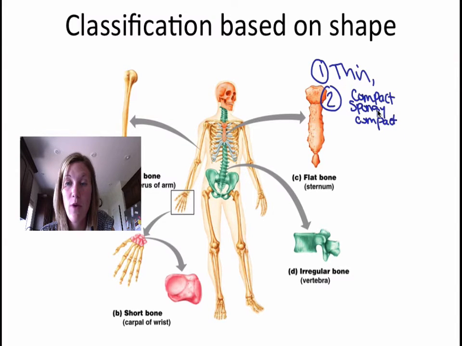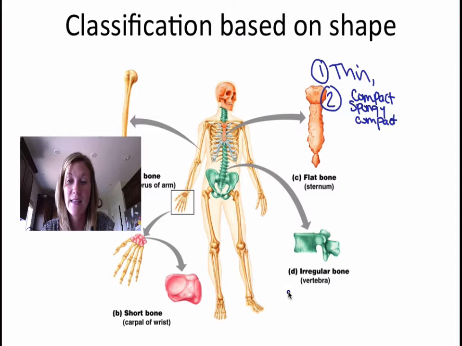So a layer of spongy tissue will be in the inside or the innermost, and then it'll be surrounded by two really thin layers of compact bone. And then some examples are going to be the skull, the sternum, your ribs are also examples of flat bones.